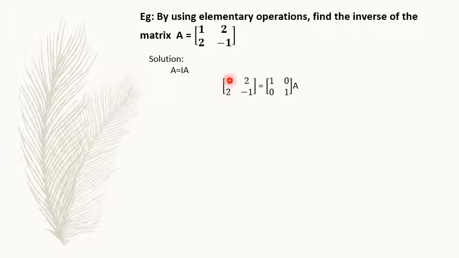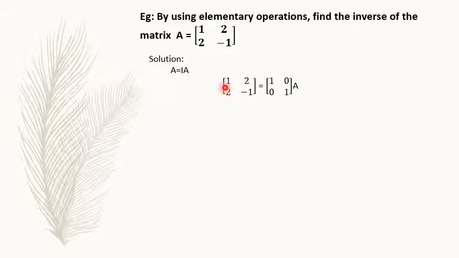So here A11 is 1, so there is no change. Next, the other element in that column is not 0. So we need to convert this 2 to 0. How?